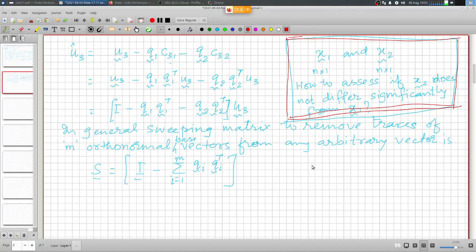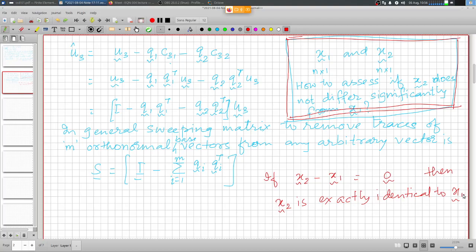One way to say x2 is exactly identical to x1 is: x2 minus x1, if this is equal to the null vector, then x2 is exactly identical to x1. But this is a theoretical result.